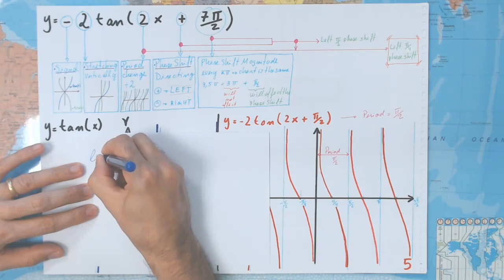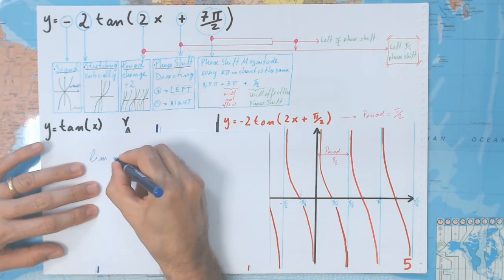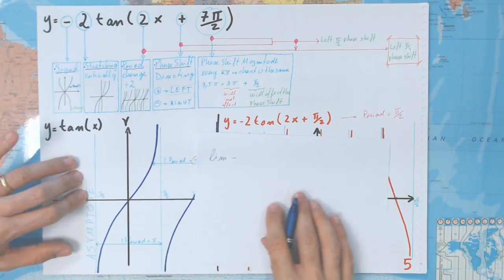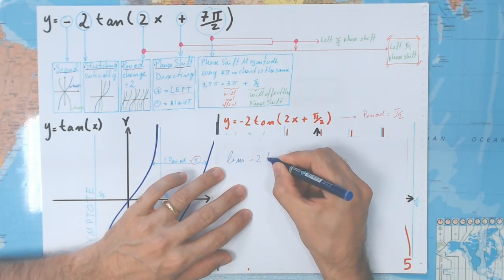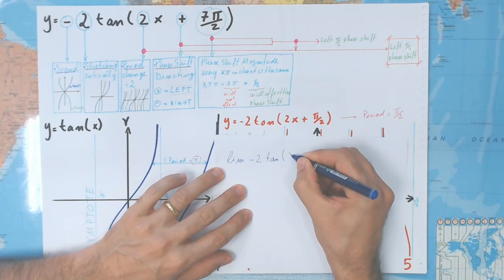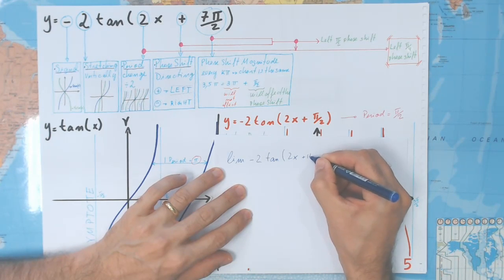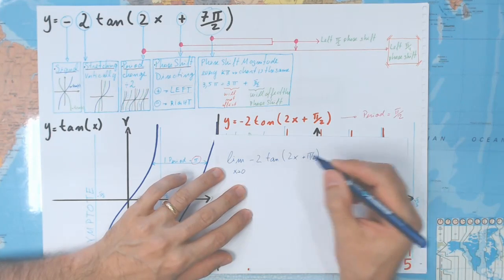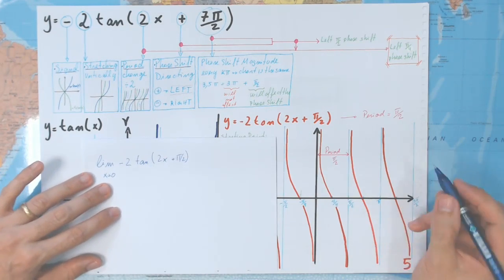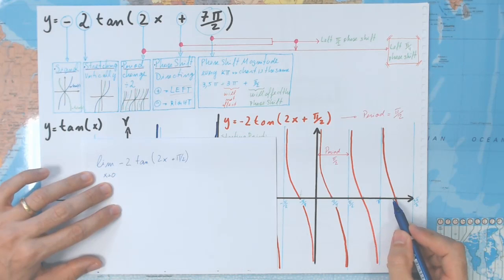So the limit of this equation, let me write it out so you can see me writing. The limit of 2 tangent of 2x plus pi over 2 when x goes to 0, but let's establish 0 from the positive side.